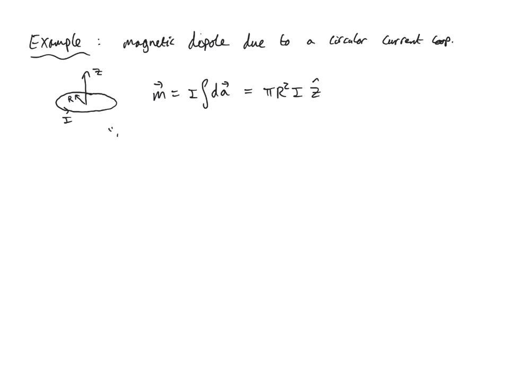So when we're far away, which means little r much greater than big R, to be precise, then the magnetic field is to a good approximation the dipole term of the magnetic field. And we just worked out what that was in terms of the magnetic dipole, and we've just worked out the magnetic dipole for this configuration, and so we're there.